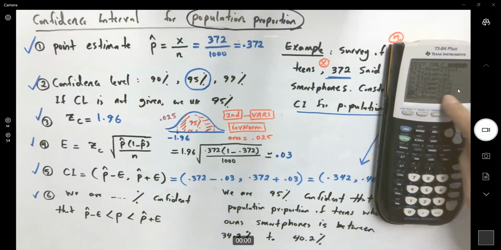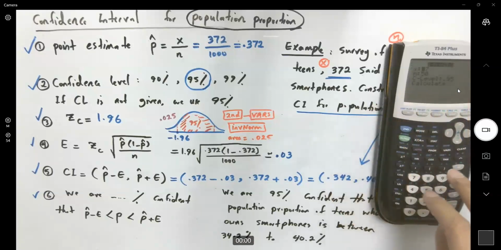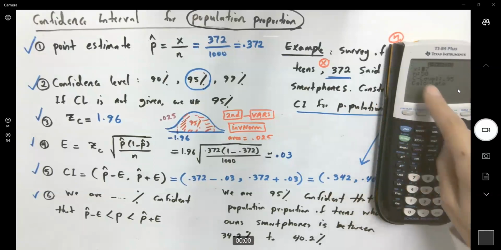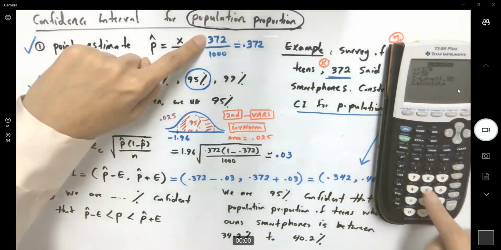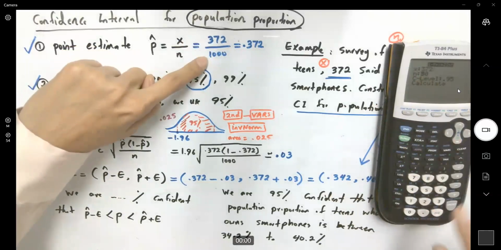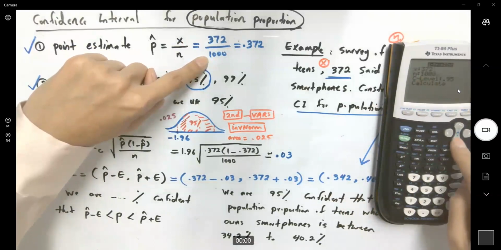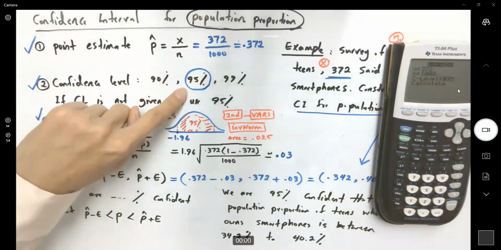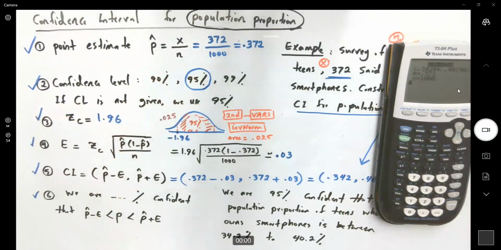One proportion Z interval in your calculator helps you to find the confidence interval in a much more accurate way. What is X? X is 372. What is N? N is the sample size, 1,000. Confidence level, we already selected 95%, and let us do the calculation.